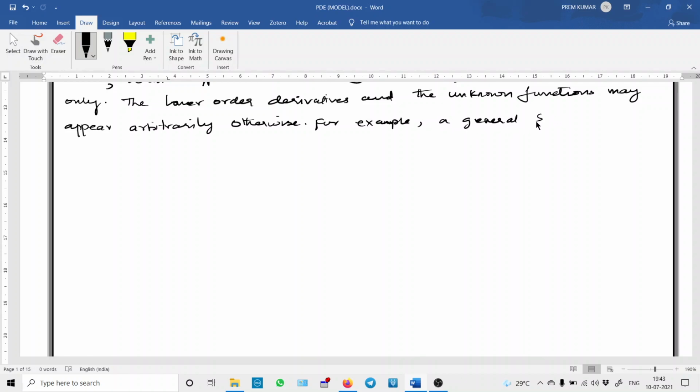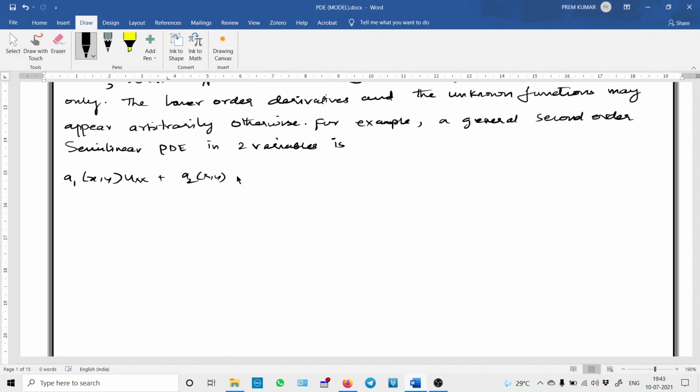A general second order semi-linear partial differential equation in two variables is the same as linear: a1 of x,y into u_xx, plus a2 of x,y into u_xy, plus a3 of x,y into u_yx, plus a4 of x,y into u_yy. So these are the highest order terms.